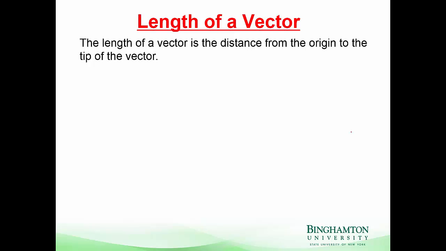Well, you draw the point where it's supposed to be on the set of axes, and how far that point is from the origin is the length. But how do we characterize that mathematically? Oh, and we also said that another term for length is norm. So we will sometimes use the term length, but we will often use the term norm. So you ought to just get used to using that.